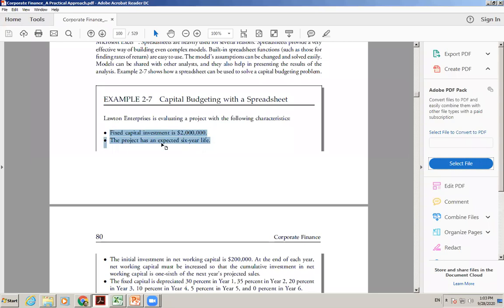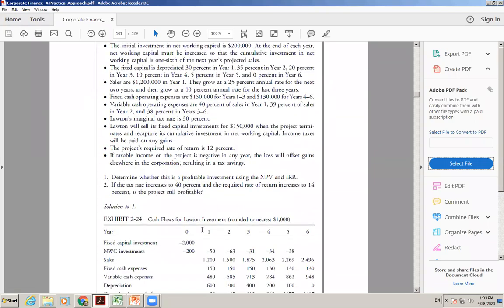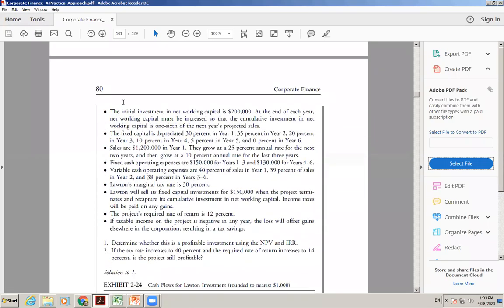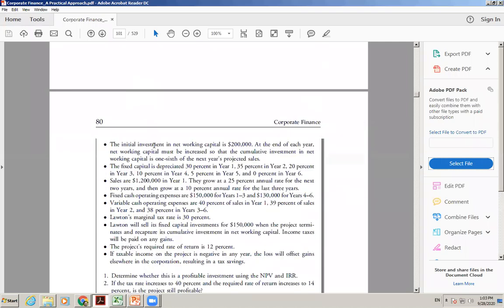The project is expected to last 6 years, so as you can see, from 0 to 6 years. The initial investment in net working capital was 200,000.